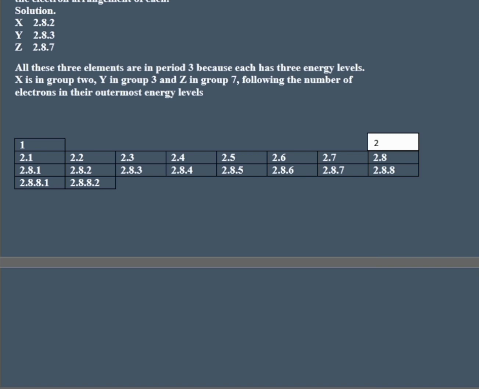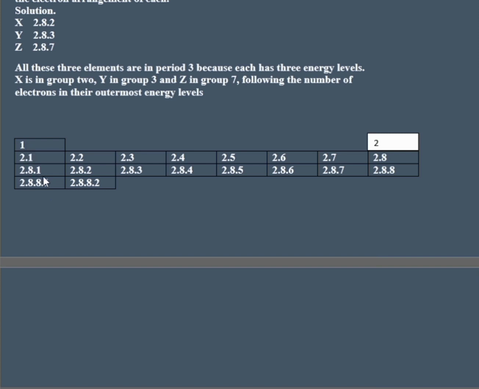Now checking in the periodic table of elements, we place hydrogen in group 1, and helium we place in group 8.